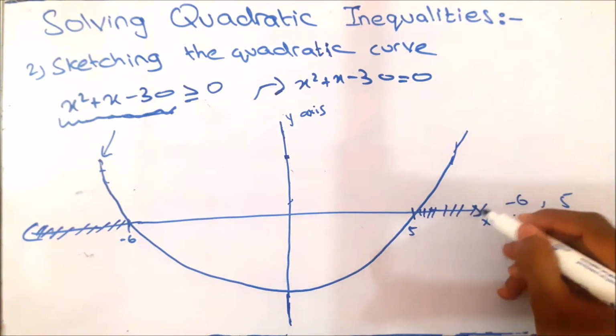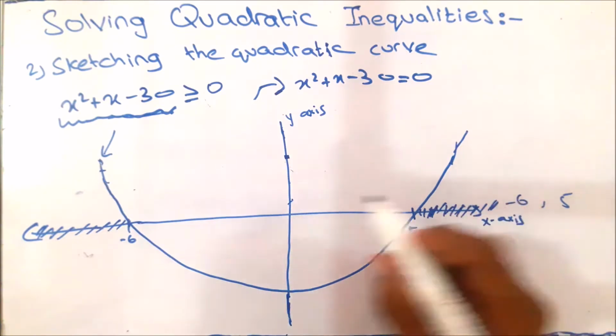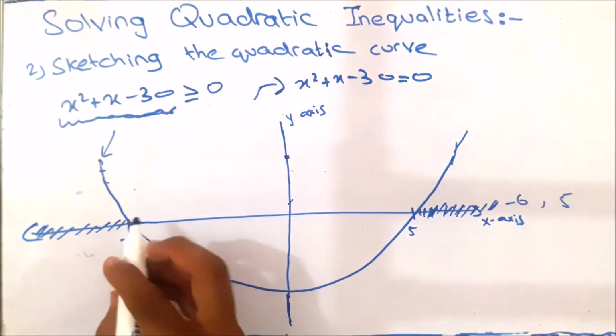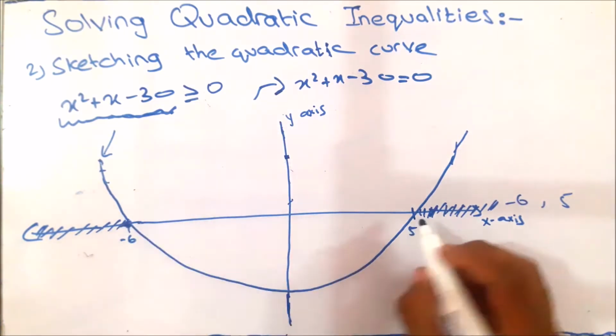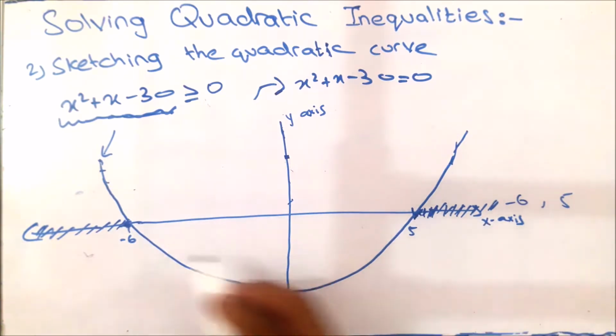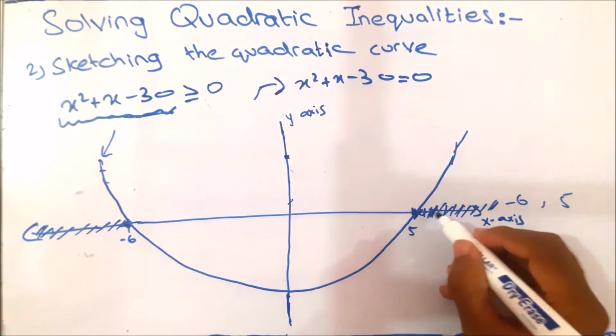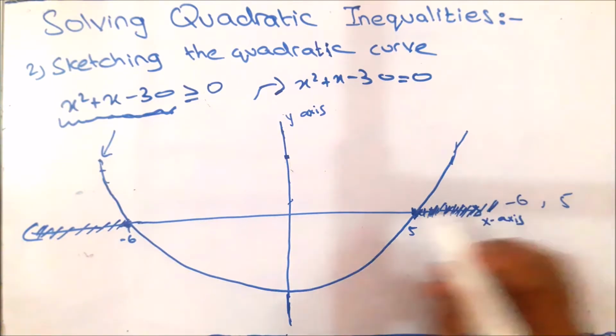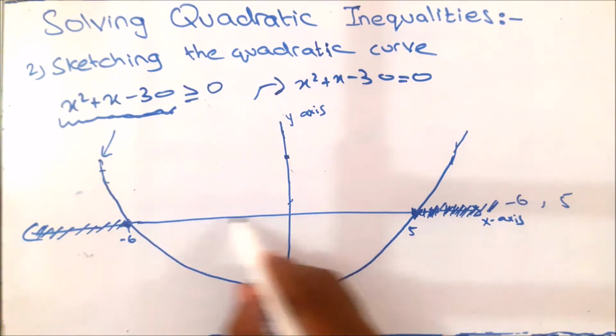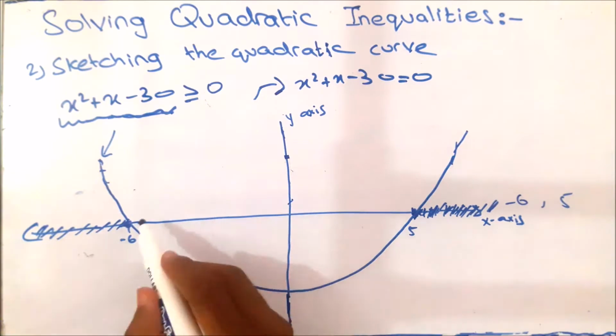So our solution lies over here. But since we have this equal to sign, minus 6 and positive 5 are also part of the solution. And this part is not included in our solution.